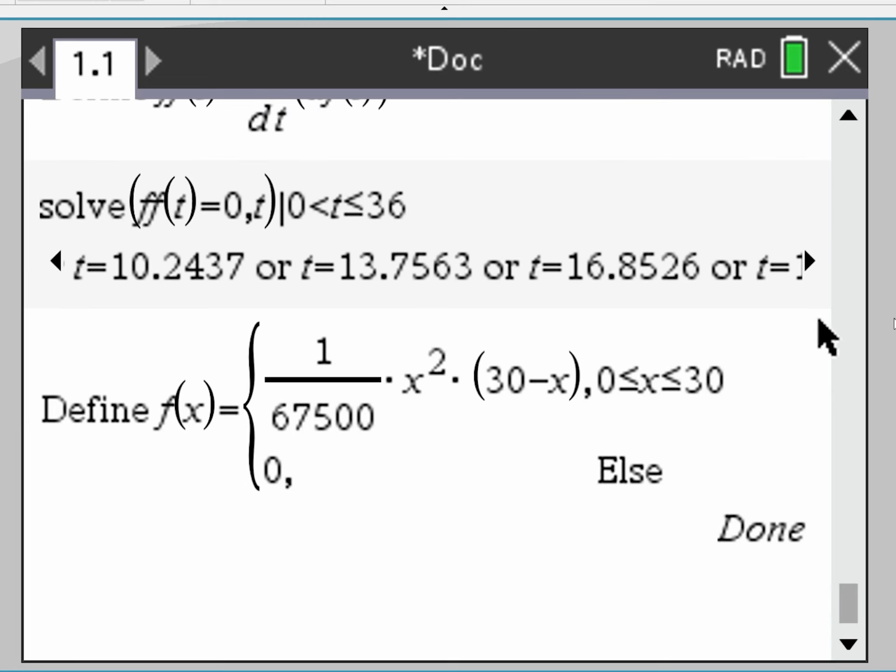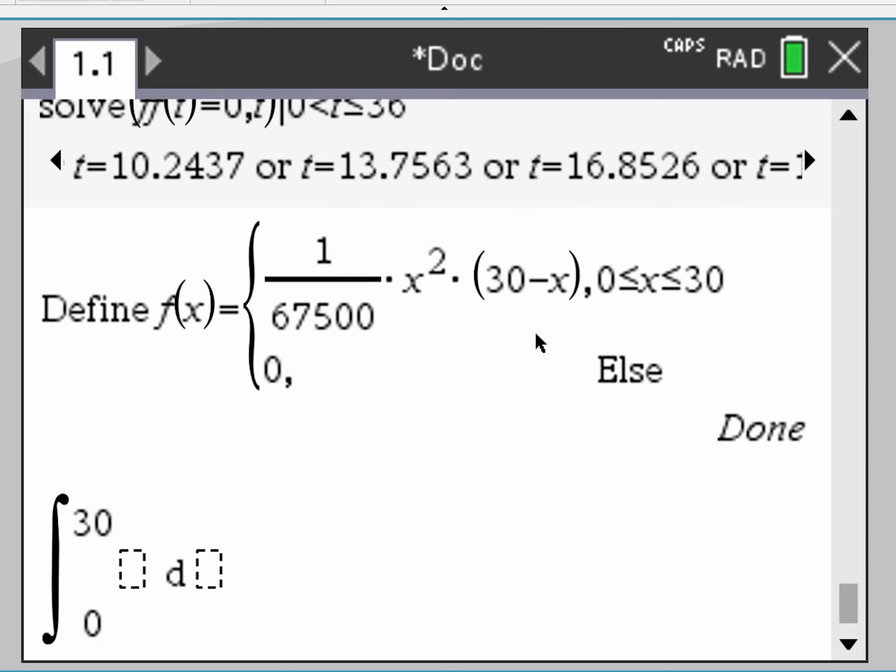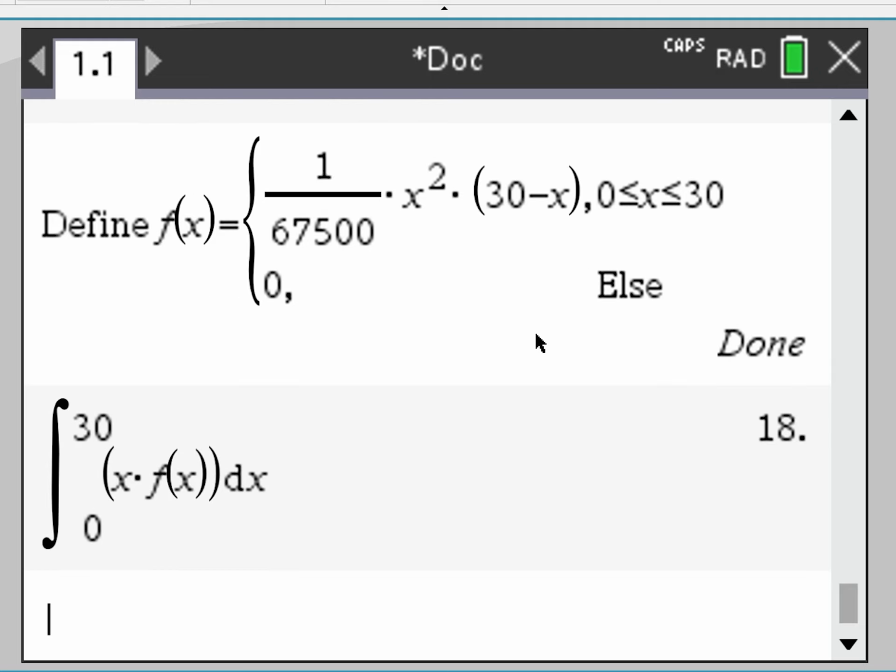So enter. Yep, I've defined it correctly. Now we have to find the mean value of X. So that would just be menu 4, 3, and we have to go from 0 to 30, x times f of x dx. Enter. There you go.